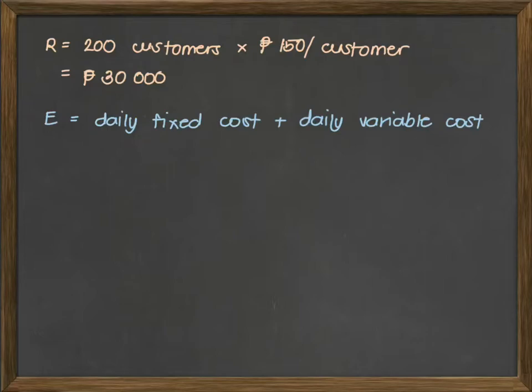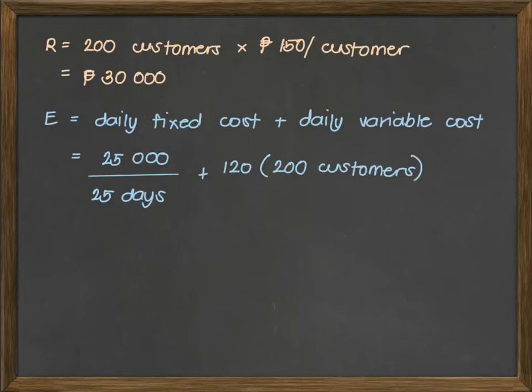Expenses are the daily fixed cost plus the daily variable cost, which is 25,000 divided by 25 days to get the daily fixed cost, plus our daily variable cost, which is 120 pesos multiplied by 200 customers. So, the total daily expense is 25,000 pesos.